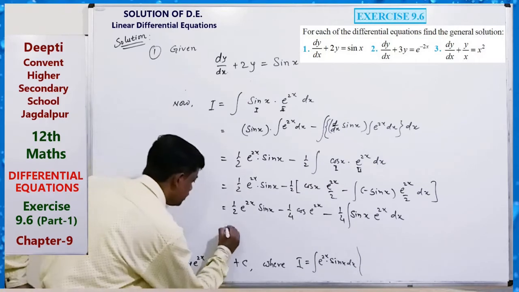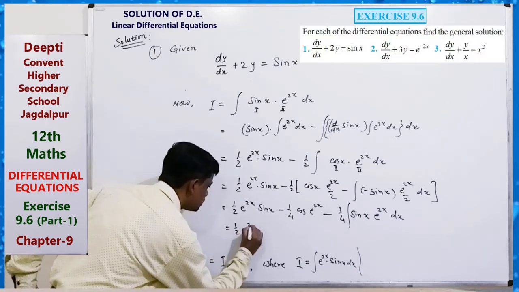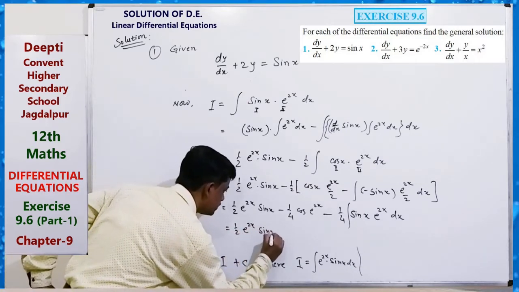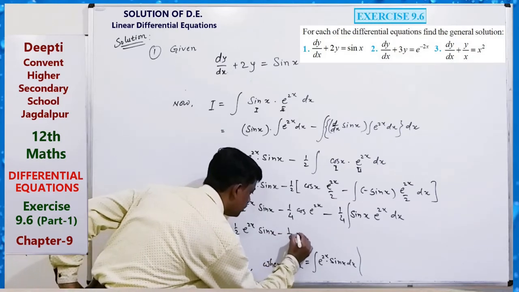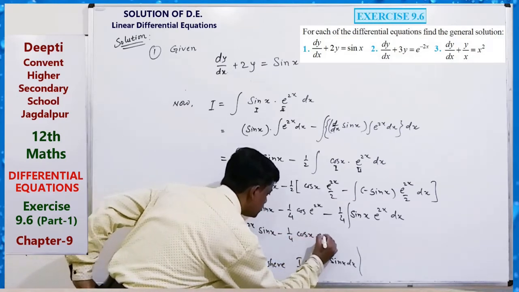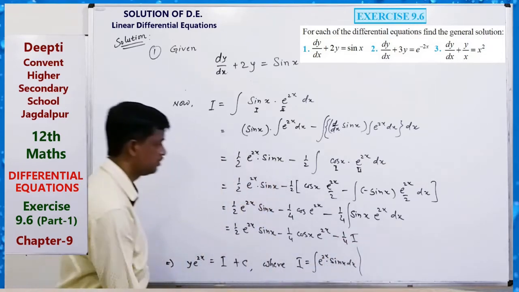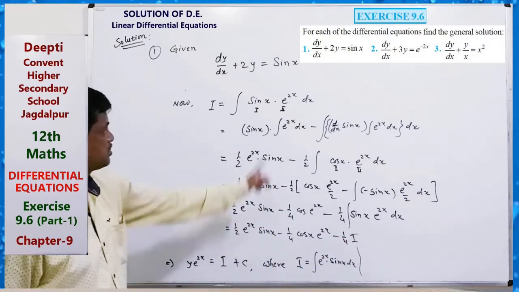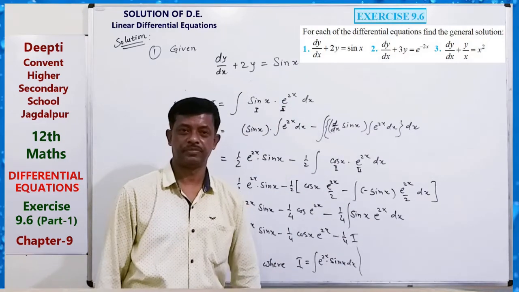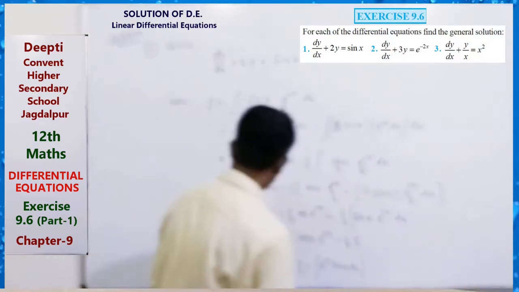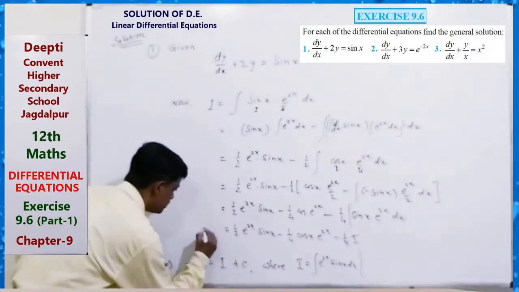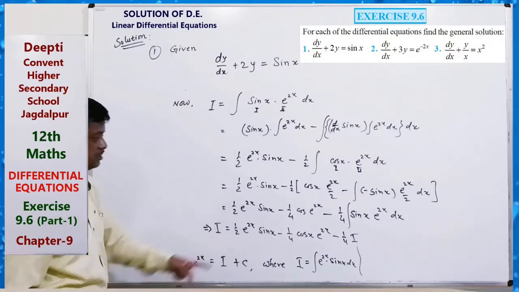So this is equals to what? Half e to the power 2x sin x minus 1 by 4 cos x e to the power 2x minus 1 by 4 I. I means this I, same. So we get like this, I equals to this.